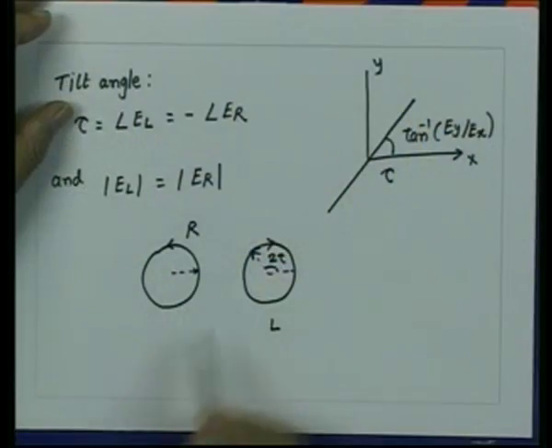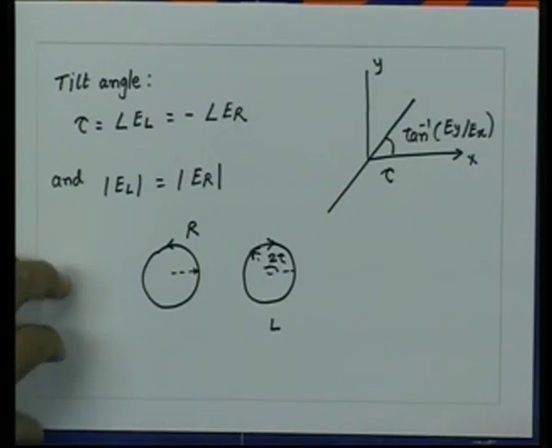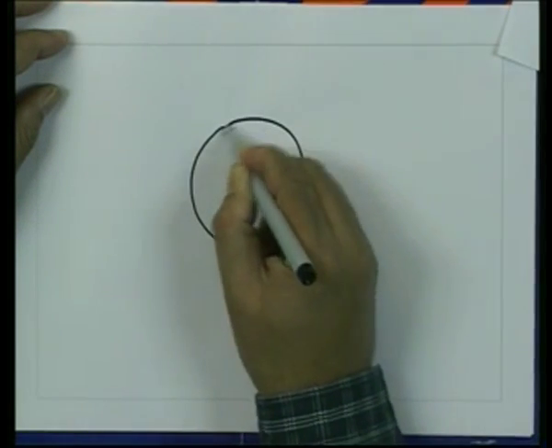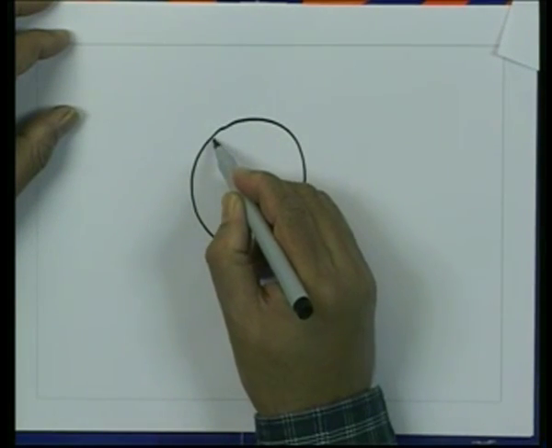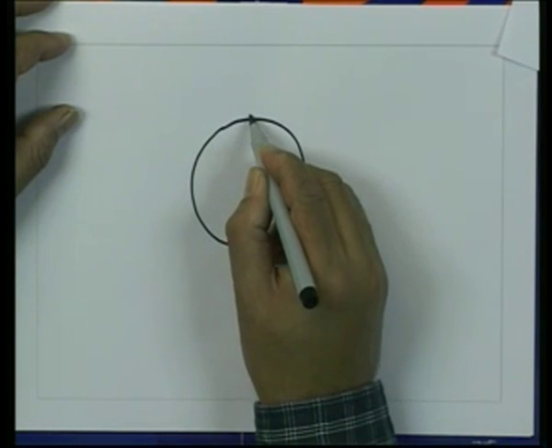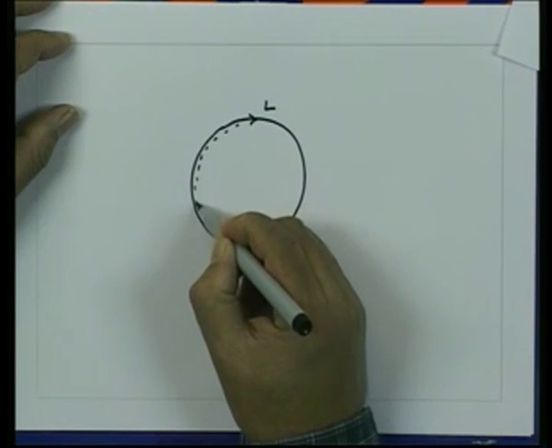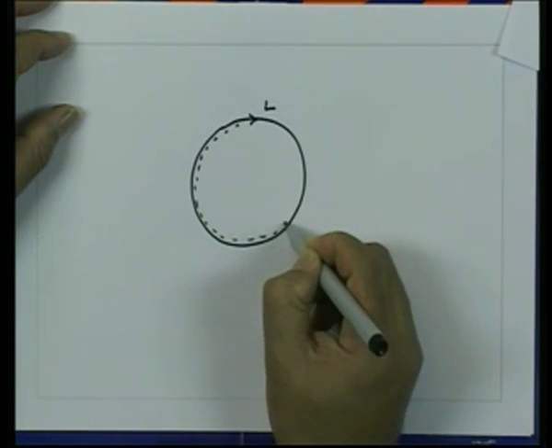One can verify this, that when these two amplitudes are equal, we will always get a linearly polarized wave. So, consider now a situation like this. This is your one vector which is rotating, and there is another vector which rotates in the opposite direction. So, this is my left handed, and you have another vector which is of same amplitude.